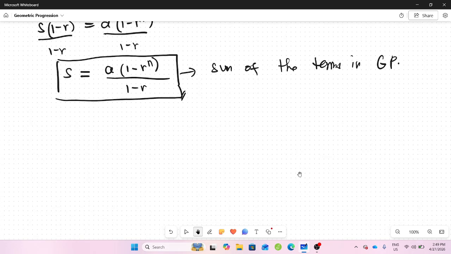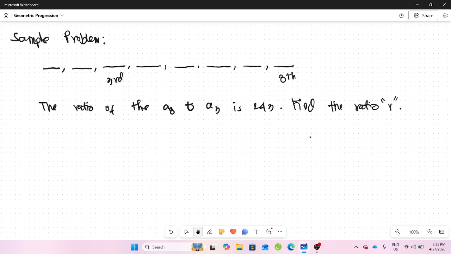Okay. So at this moment, I think it would be wise for us to have a sample problem. So let's proceed and apply what we learned so far. For this problem, we have 8 terms. This is the first, second, third, and so on. And this is a geometric progression.